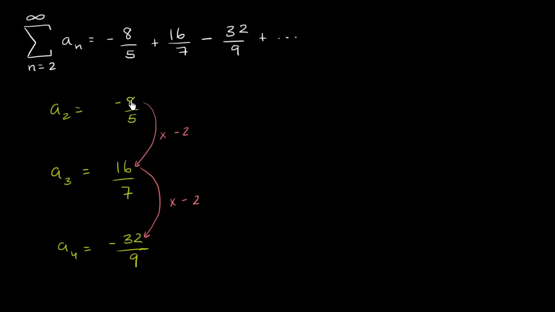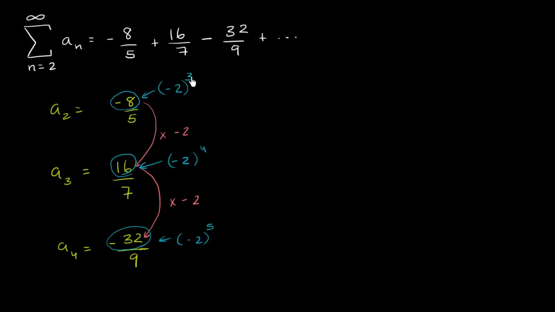Negative 2 squared is equal to positive 4. Negative 8 is equal to negative 2 to the third power. 16 is equal to negative 2 to the fourth power. Negative 32 is equal to negative 2 to the fifth power.